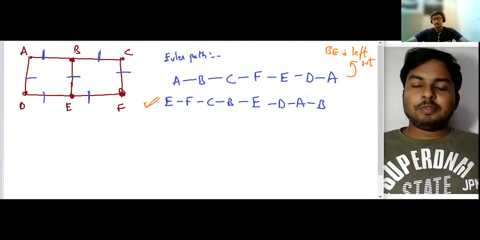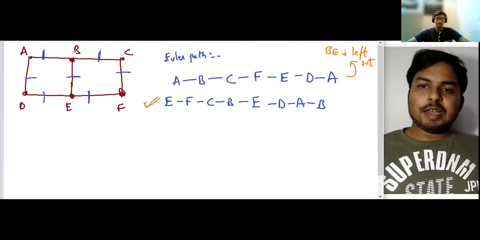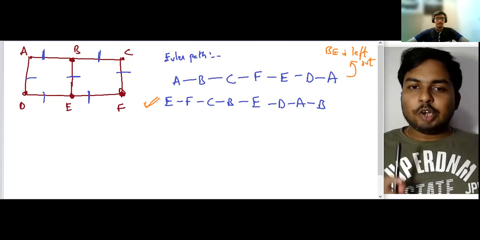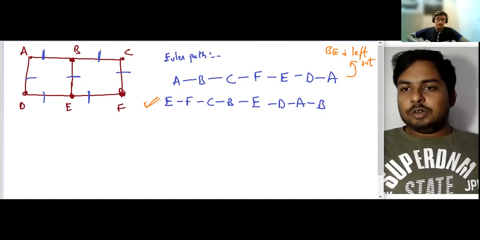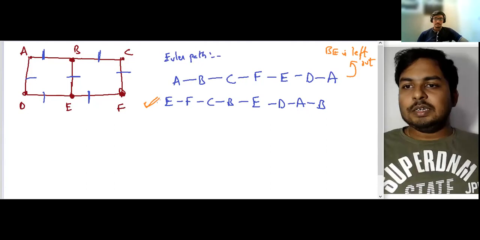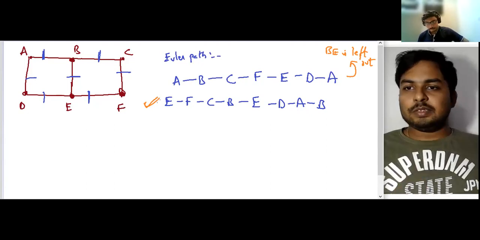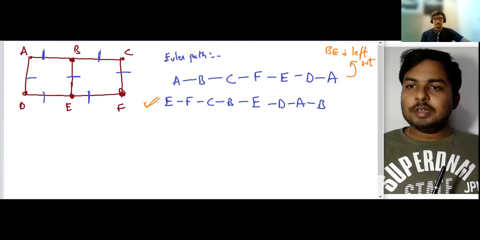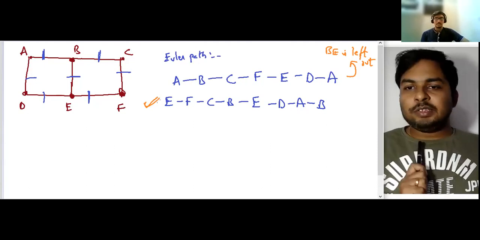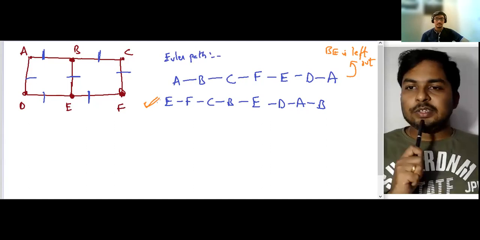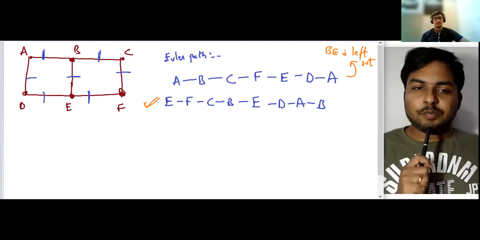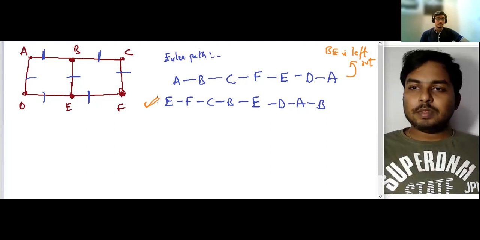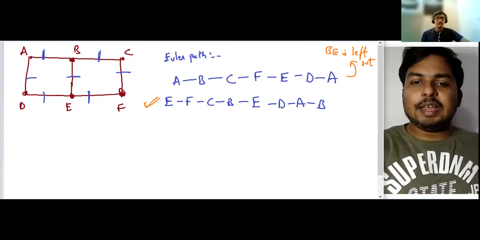So why I took this example is I wanted you to understand that it is also important to choose where you want to start in an Euler path. When you have to find an Euler path, try from one vertex. If you're not able to get it, try from another one and see if it is possible to find an Euler path or not. But checking like this every time is not possible.